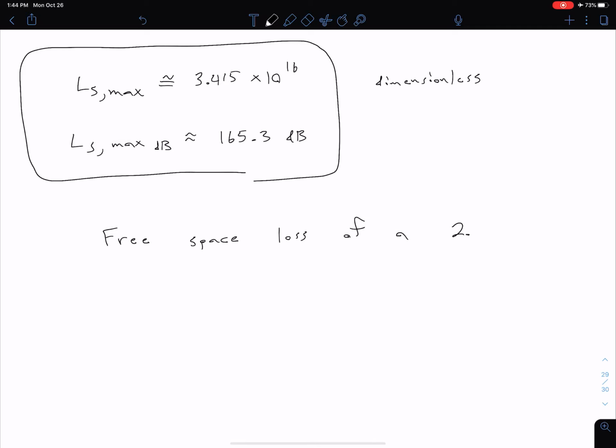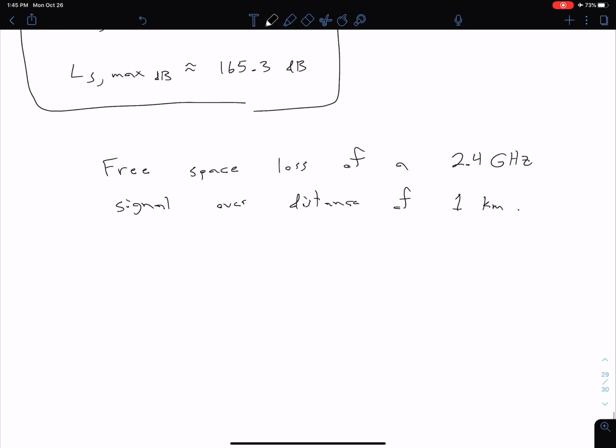And so remember, we have a 2.4 gigahertz signal over a distance of 1 kilometer. So of course 1 kilometer is 1,000 meters.